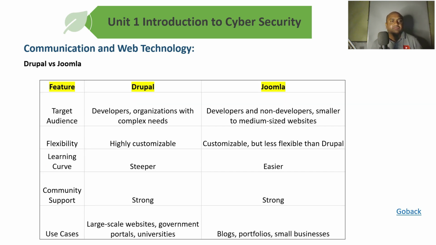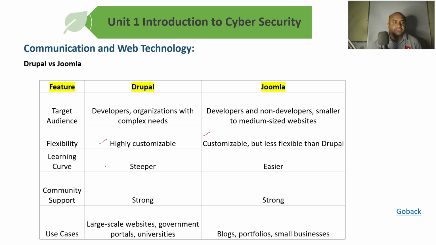What are the differences between Joomla and Drupal? Just now we saw the target audience. Drupal is suitable for developers and organizations with complex needs. Joomla is suitable for developers and non-developers, and smaller to medium-sized websites. Flexibility: Drupal is highly customizable, while Joomla is customizable but less flexible than Drupal.